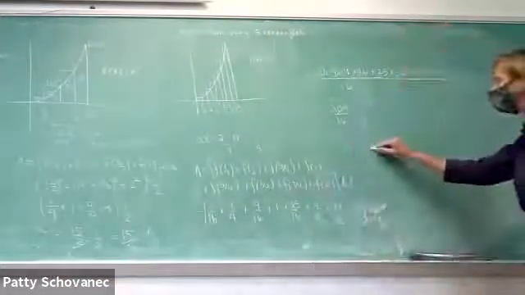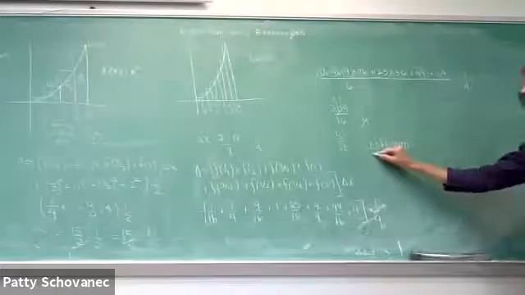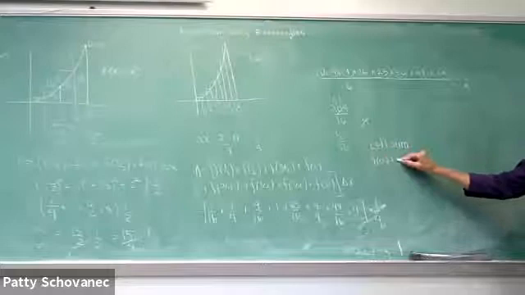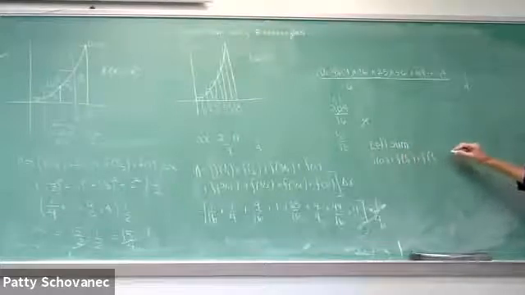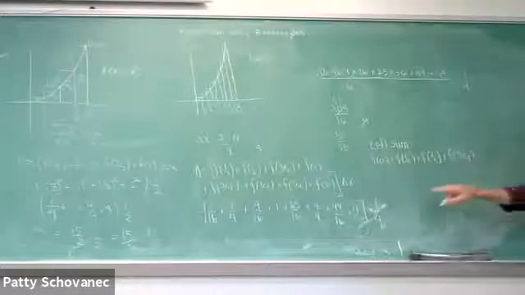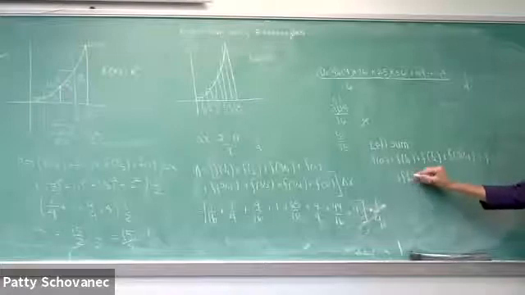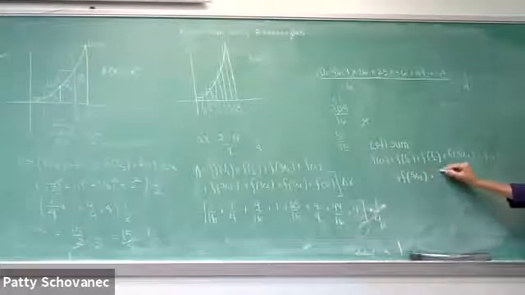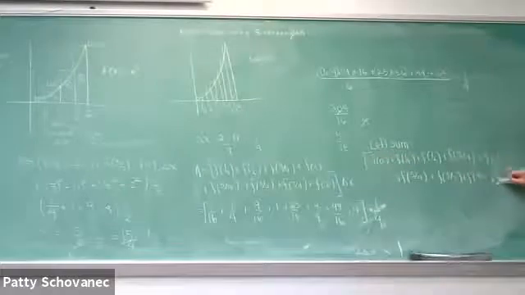So our left sum, what's f(0) in our picture again? 0. So we're really only taking out this last number. All times delta x.